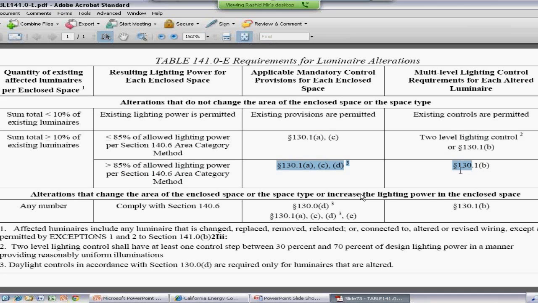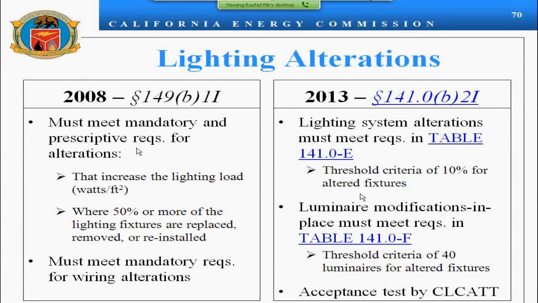So generally speaking, the mandatory requirements will apply, your multi-level shutoff controls, etc., if you replace 10% or more of the luminaires. This is a significant change from the current 50%. So do keep in mind that if you do satisfy those requirements, you're going to have to meet not only the multi-level lighting control requirements, but also daylighting control requirements if applicable. For luminaire modifications in place, they must meet the requirements in Table 141.0-F, and essentially the requirements are very similar, just the threshold is different.